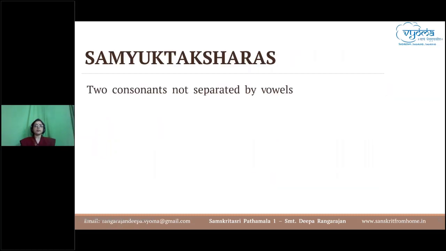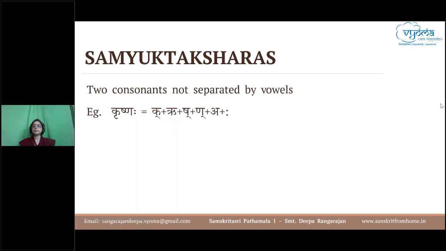So we will give you an example. SamuktAksharas, as I told you, are consonants which are not separated by vowels. Where do we find them? Take the word Krishnaha. What are the components of this word? First, we have the k. K is a pure consonant. Then we have r, the hrasva r kara, which is a vowel.